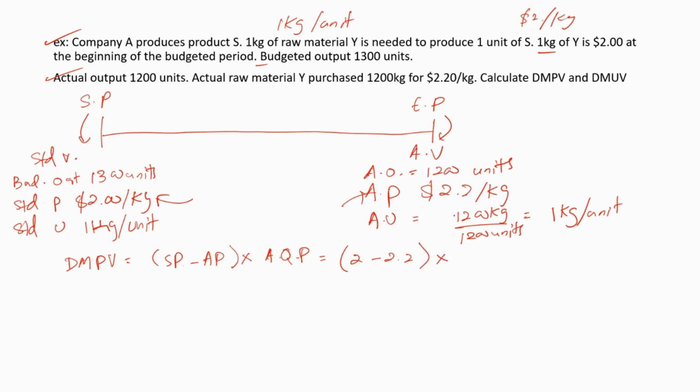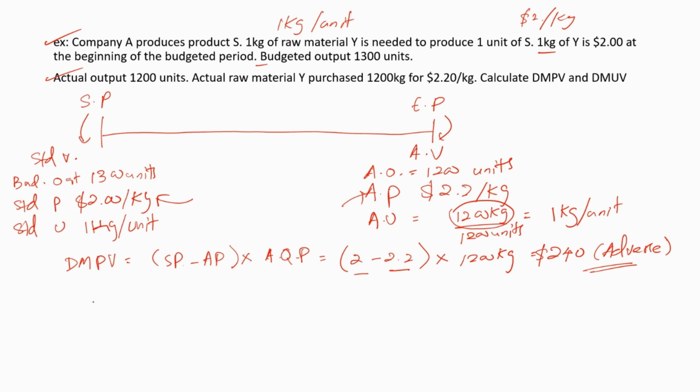Actual quantity purchased, which is this value, 1200 kilograms. This is equal to minus $240, which means this is an adverse variance. This is because the actual price is higher than the standard price.